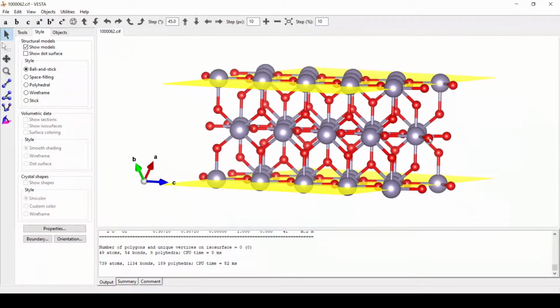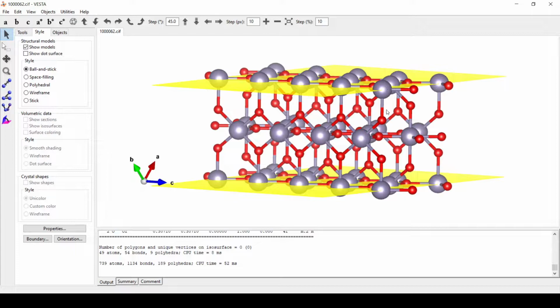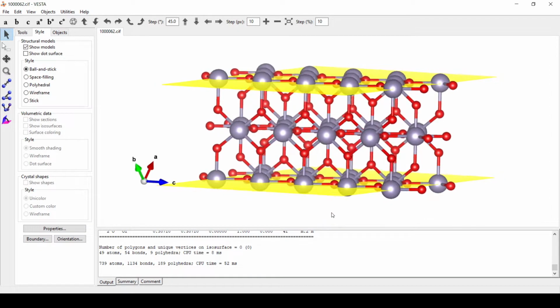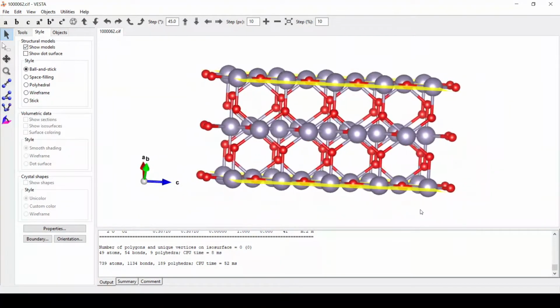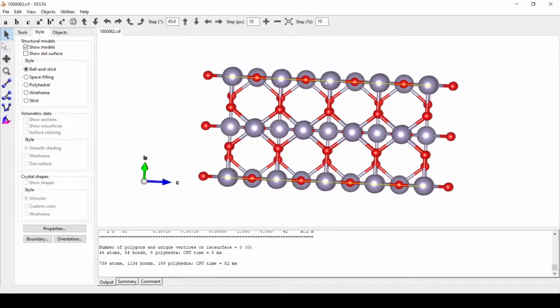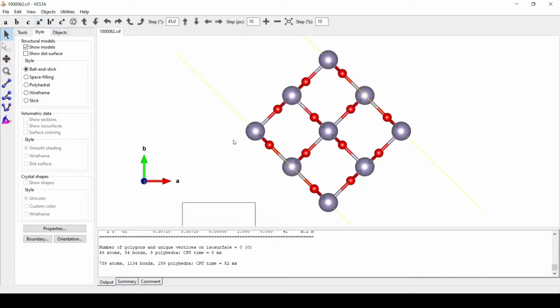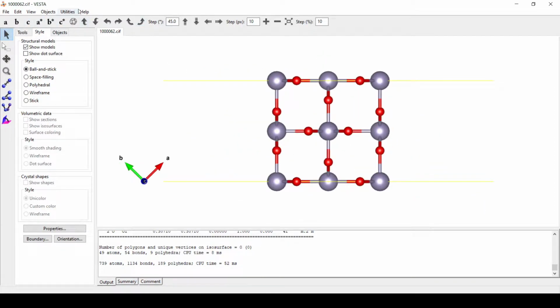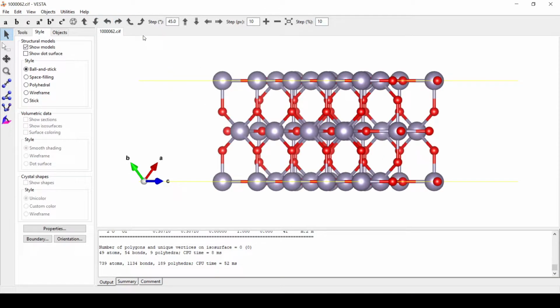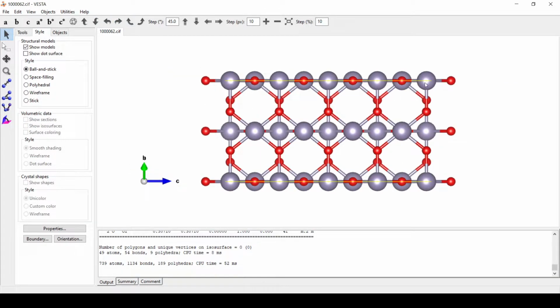So here we have this particular atom is having a periodicity here, here, here, as well as this is having here and also here. So the atoms to the left of this should be deleted. So this is having here, and we will delete all the atoms to the left.